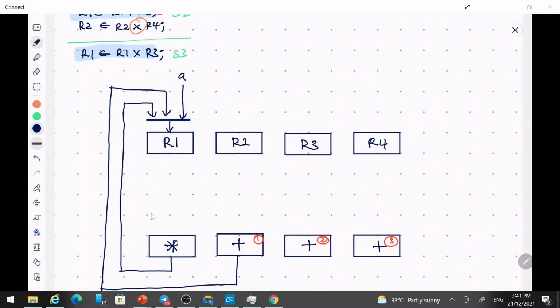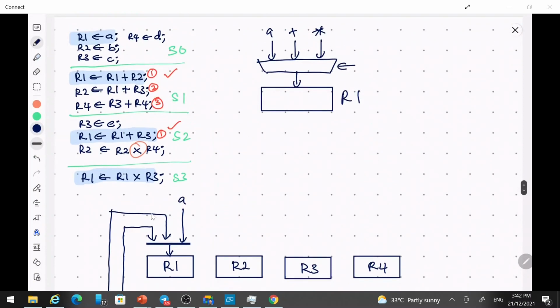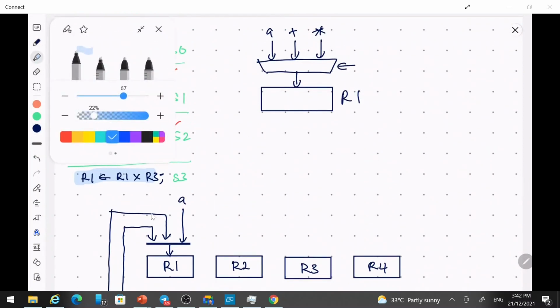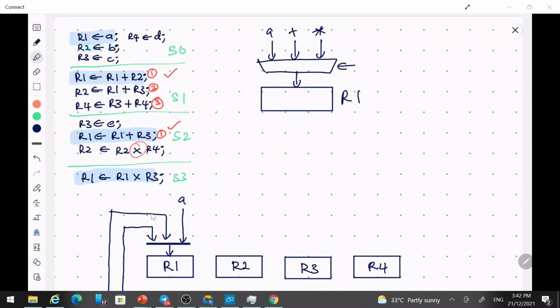What about R2? Next, again, we need to go to R2 and see what its inputs or connections are. We have B to R2, the output of the second adder to R2, and the output of the multiplier to R2.